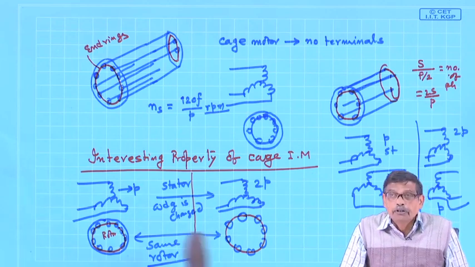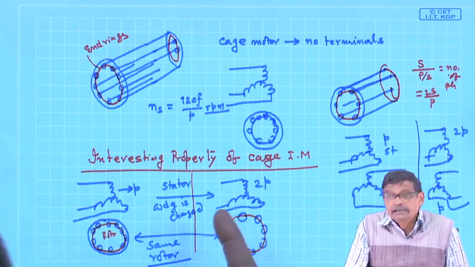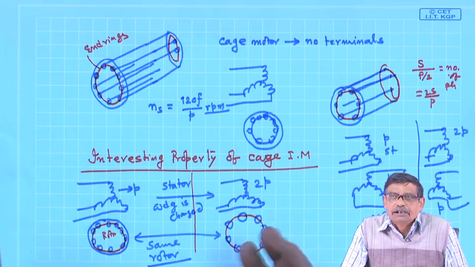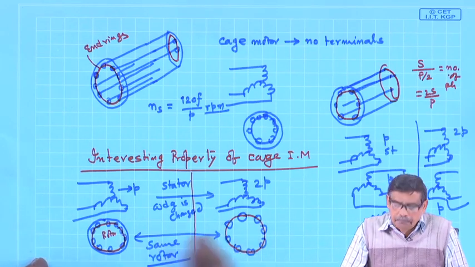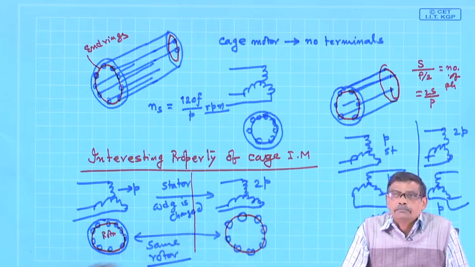And that is possible provided the rotor is cage. That is what I am trying to tell. So, cage induction motor also became popular because of this.